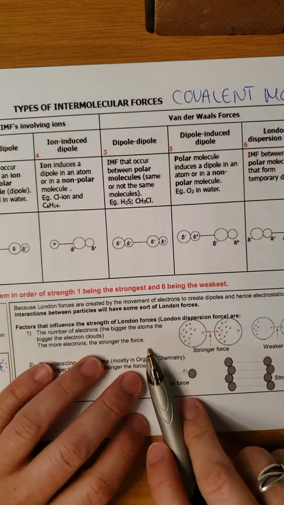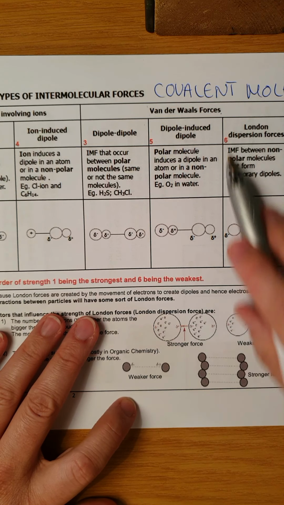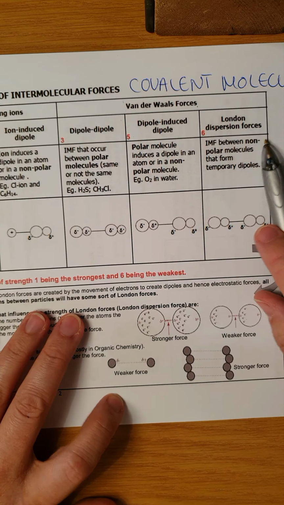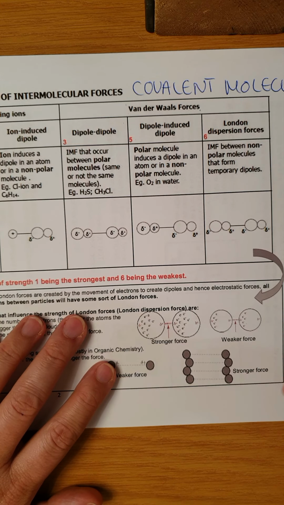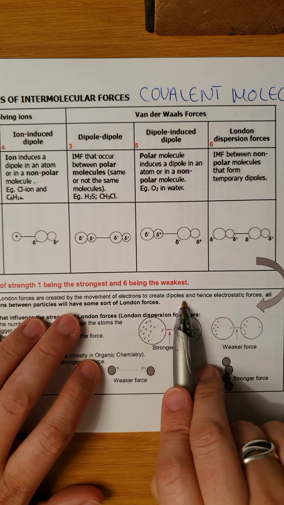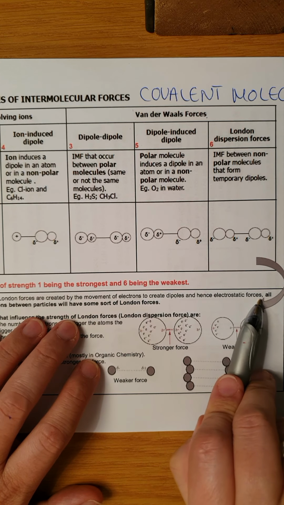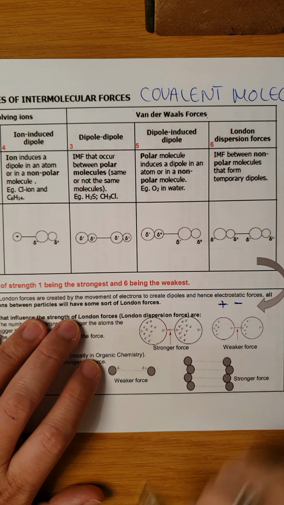Here we have London forces, because London forces are created by movement. They're pretty important, both of these forces, because London forces are created by the movement of electrons to create dipoles, and hence electrostatic forces. Electrostatic forces just mean you've got an attraction between a positive and a negative.